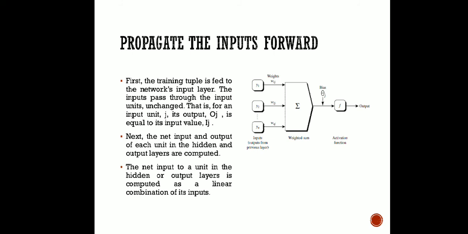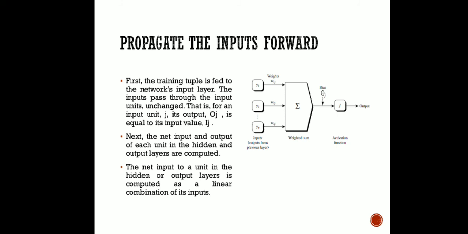If you follow the first diagram which we have seen, the input units are directly fed to the input layer, so there are no changes in it. For each input unit j, its output Oj is equal to its input value Ij. Since we are not changing anything, the input and output remain the same. Whatever we feed to the input layer, the output coming out of it is the same.